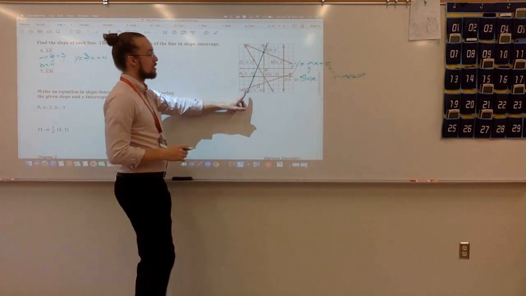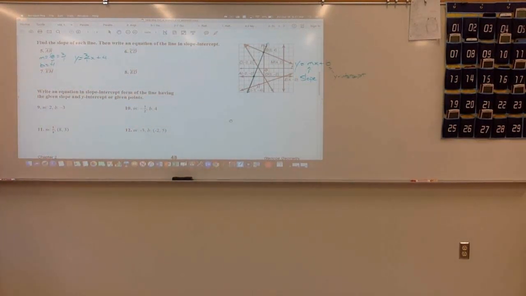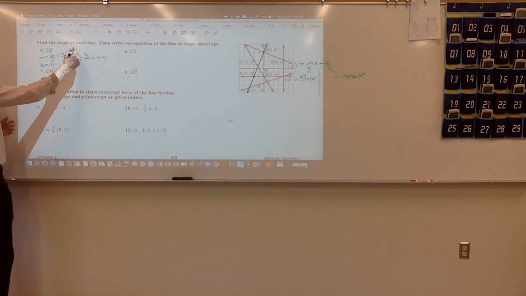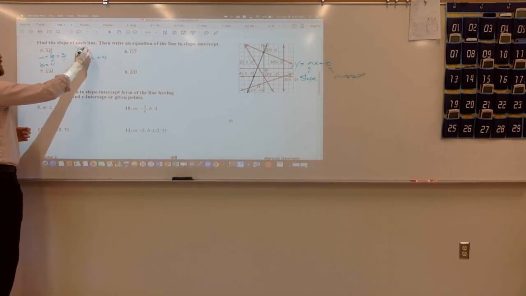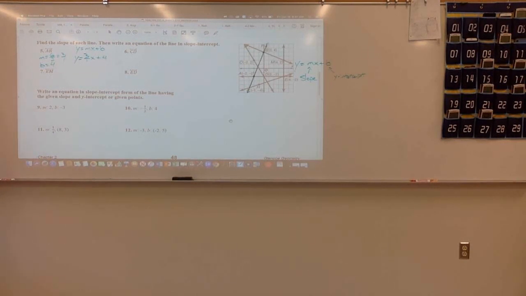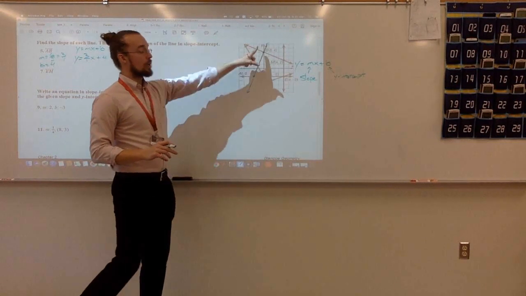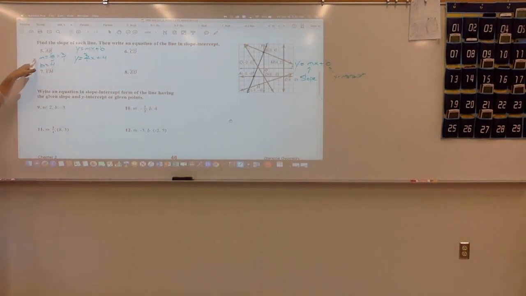Well, what's that? To write the equation of a line, we're using y equals mx plus b. So I'm writing the equation of this line. We just found the slope was 3 over 1.